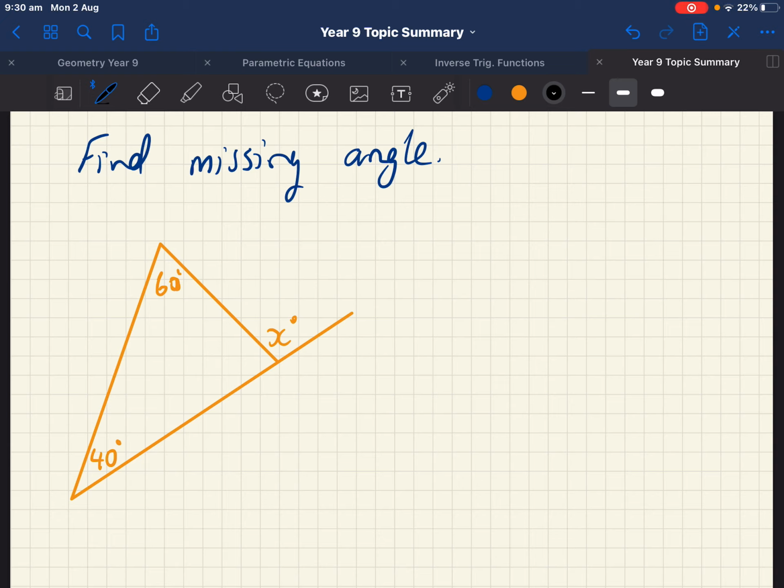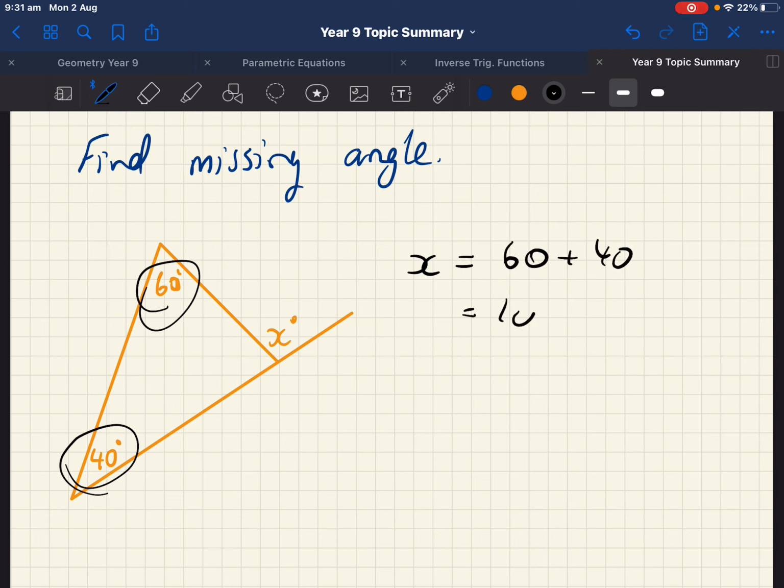All right, so what did you do? Well, hopefully you remembered the exterior angle shortcut for the triangle. The exterior angle of a triangle will be equal to the sum of the opposite two internal angles. In other words, this exterior angle is just going to be equal to 60 plus 40. X is 100 degrees.